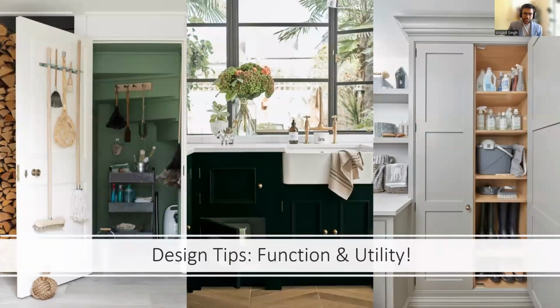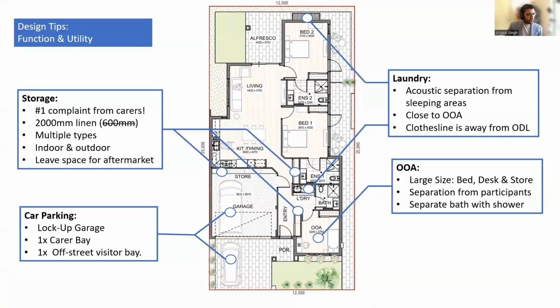All right, and the last little tip that I guess we wanted to go through is the one that's most overlooked, and it's actually the biggest complaint that we see from carers in particular. Now remember, if your carers are happy, they take care of the participants and the participants are happy. If the carers can't do their job because the dwelling doesn't allow them, that does ultimately lead to a poorer quality outcome for the participants and less happy people in the dwelling overall.